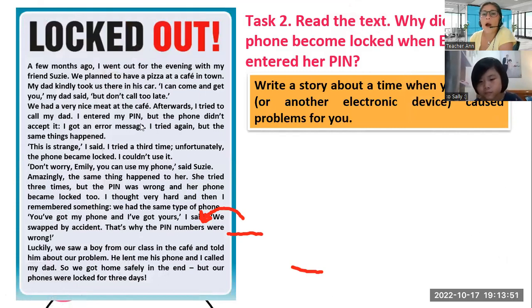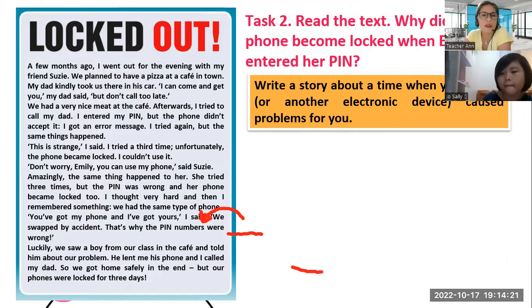Now Sally, let us read the text. Why did the phone become locked when Emily entered her PIN? Write a short story about a time when your phone or another electronic device posed problems for you. So before you write your own experience, you will say, one day I had a bad experience with my phone, with my computer.